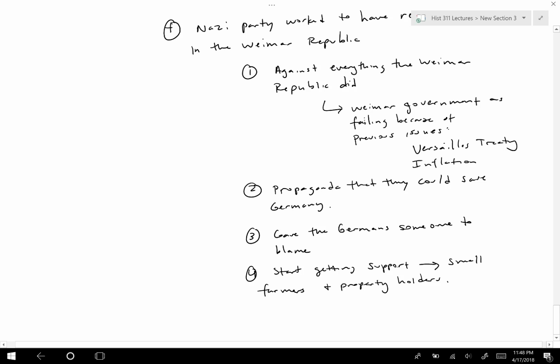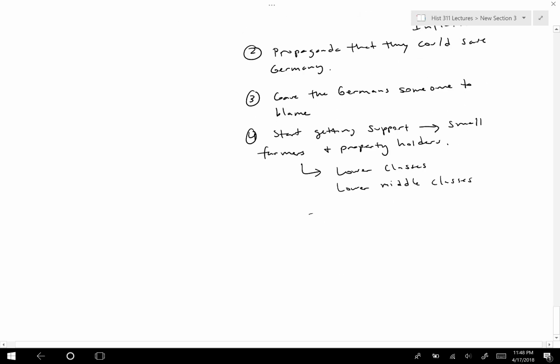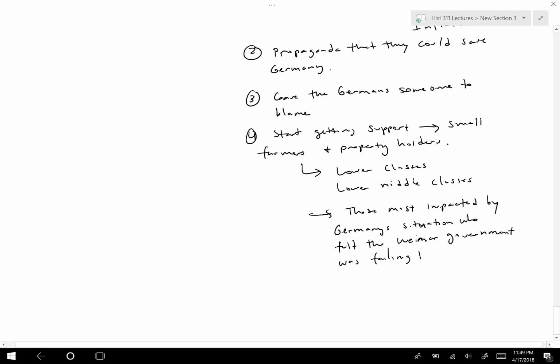That this specifically also led to, like I said, the lower classes, and the lower, we'll say lower middle classes. And not everyone, but the key is those most impacted by Germany's situation, who felt the Weimar government was failing and not helping them.